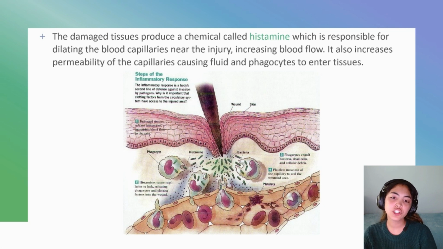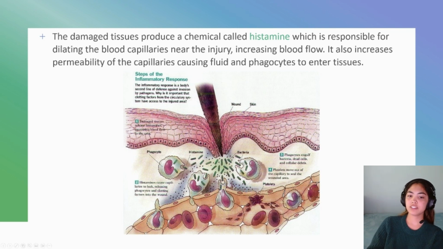Once your tissues get damaged, they release a chemical called histamine, right? And it is responsible for dilating our blood capillaries. So that's down here. Here are our blood capillaries near the site of injury, to increase that blood flow. And it also increases the permeability of the capillaries, causing fluid and phagocytes to enter tissues, right?